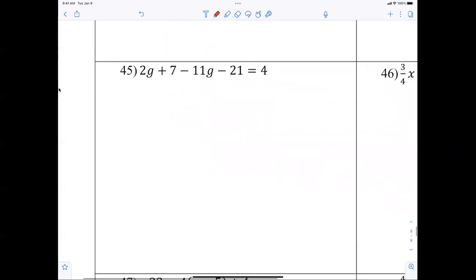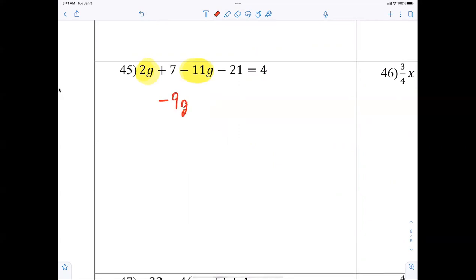Okay, Max. Let's do this, man. You add them up. So it is G plus what? -11G, so -9G.